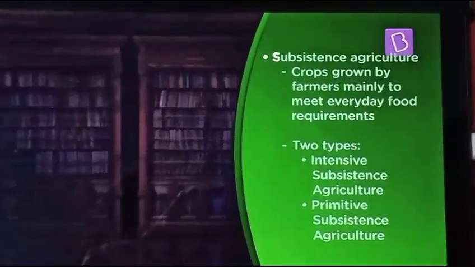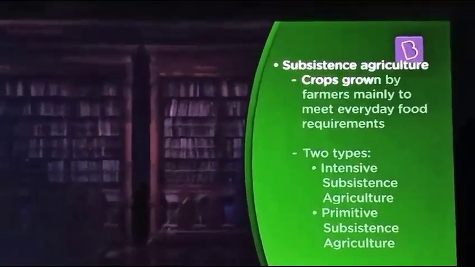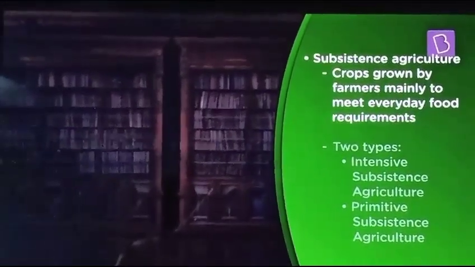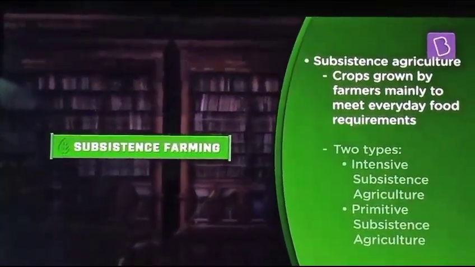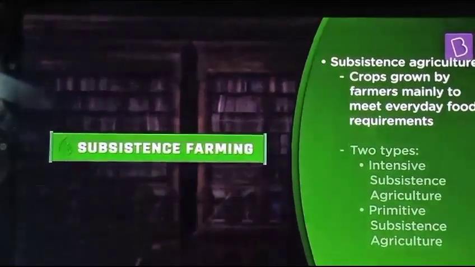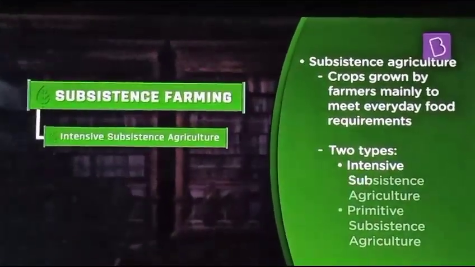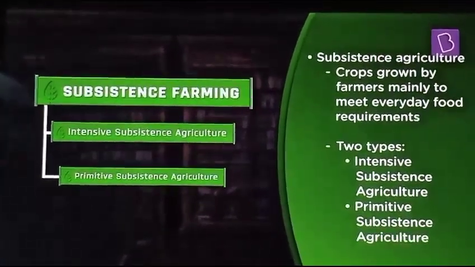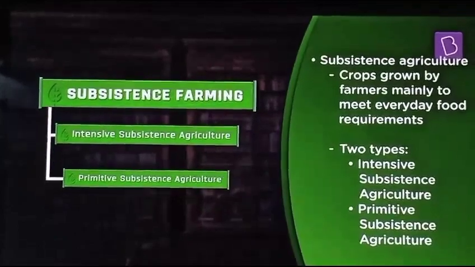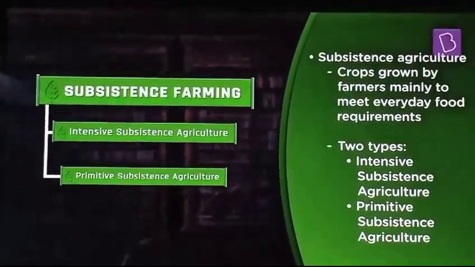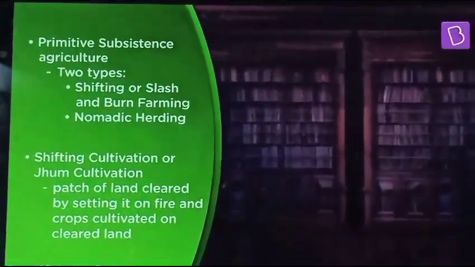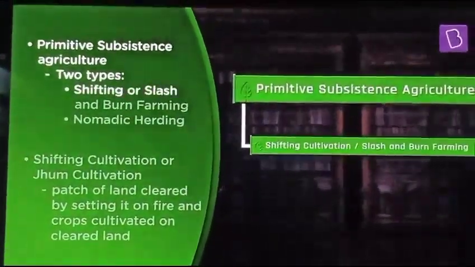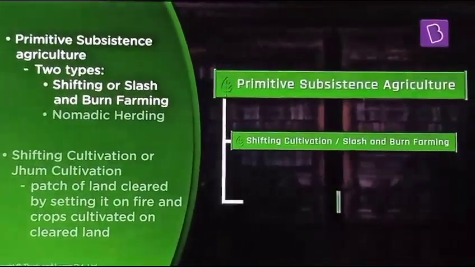Farmers who practice subsistence agriculture grow their own crops, mainly to meet their everyday food requirements. Subsistence agriculture can be classified into two types: intensive subsistence agriculture and primitive subsistence agriculture. Primitive subsistence farming is divided into two types: shifting or slash and burn farming and nomadic herding.